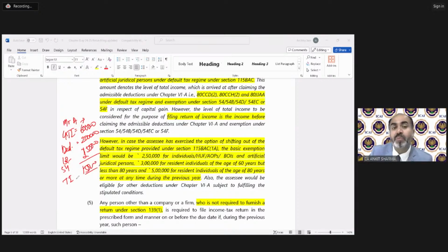Technically, as per point number 2, which says that you need to file a return if your total income exceeds the basic exemption limit, he would not be required to file a return of income. But now the new point has been inserted. It says you have to add back the exemption under section 54 and the deductions. So now your total income after adding the deduction and exemption is 6 lakh, and that exceeds the basic exemption limit. So you have to file an income tax return.